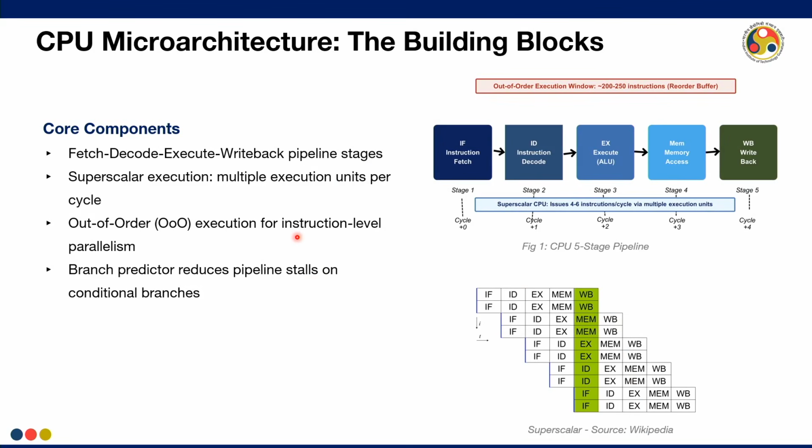In addition to all these sophisticated techniques, we also have branch predictors, which reduce the pipeline stalls on conditional branches. When one instruction is getting executed, there will be prediction units seeing which branch to take, if there are any branches in the subsequent instructions. That's how the core components work in a highly sophisticated way.